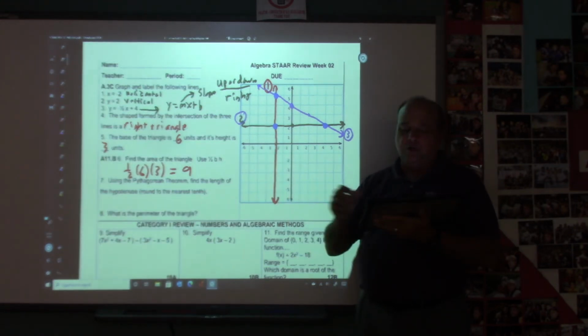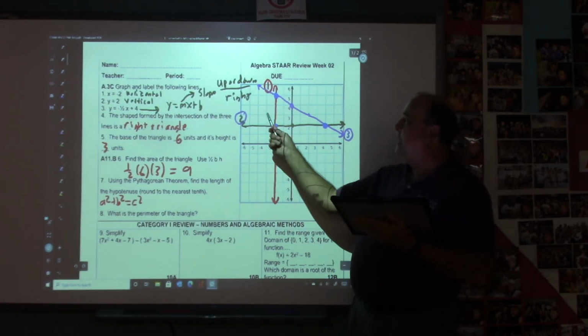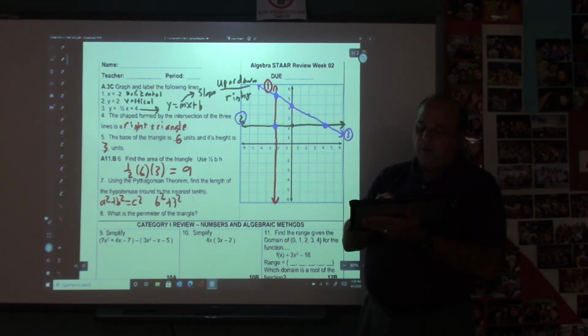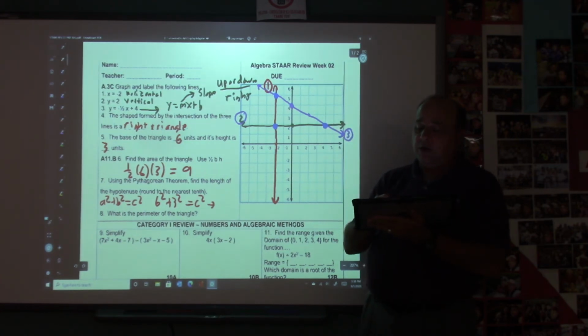Now then, let's go through and do the Pythagorean theorem. a squared plus b squared equals c squared. This is my a, my b, and my c. So I'm going to have 6 squared plus 3 squared equals c squared, and this is the same thing as last week, isn't it? This is going to turn into 36 plus 9 equals c squared, which turns into 45 equals c squared.